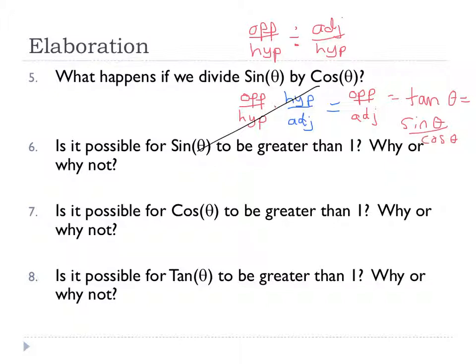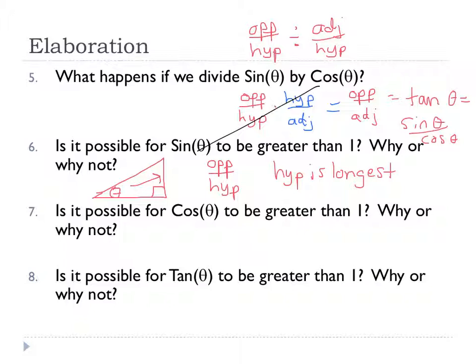Is it possible for the sine of theta to be greater than 1? Why or why not? It is not possible. If we have theta here and we're looking at the opposite divided by the hypotenuse, which is what sine is, the hypotenuse is the longest side of the triangle. So this isn't going to work.